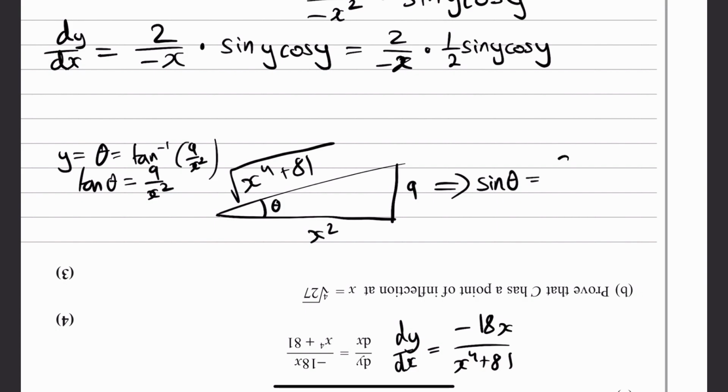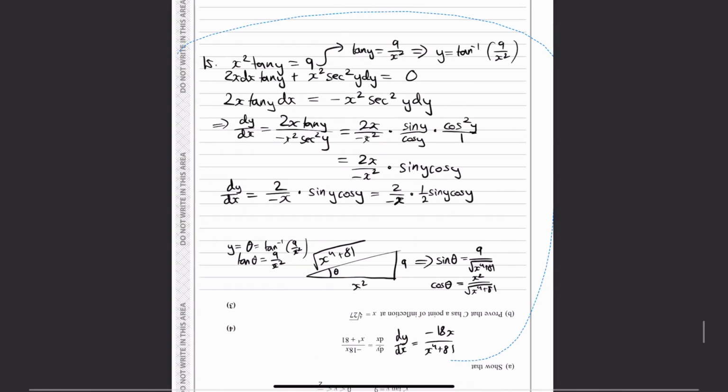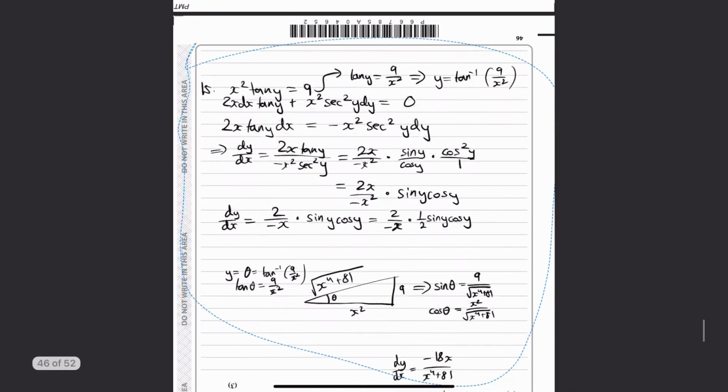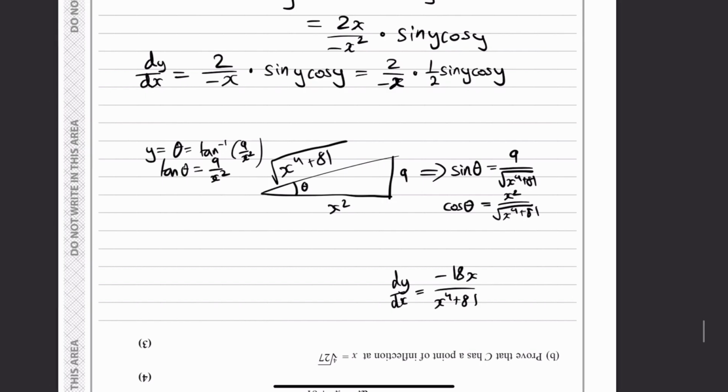So 9 over hypotenuse, which is this, and cos theta is adjacent over hypotenuse, so x squared over that. Okay, there we go. And move all this up. Got this all the way over there.